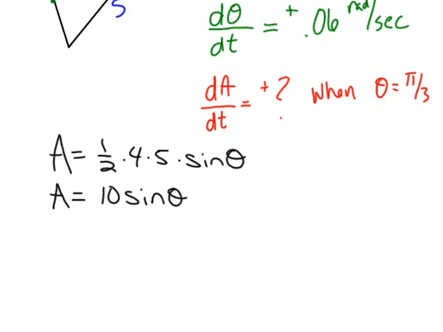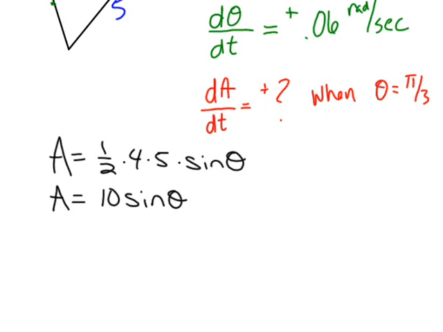And now because we need to find dA/dt, we should be thinking, oh, okay, I need to take the derivative. So I take the derivative of this function, so dA with respect to time. So you're first going to take the derivative with respect to theta. So the derivative of 10 sine theta is going to be 10 cosine theta.